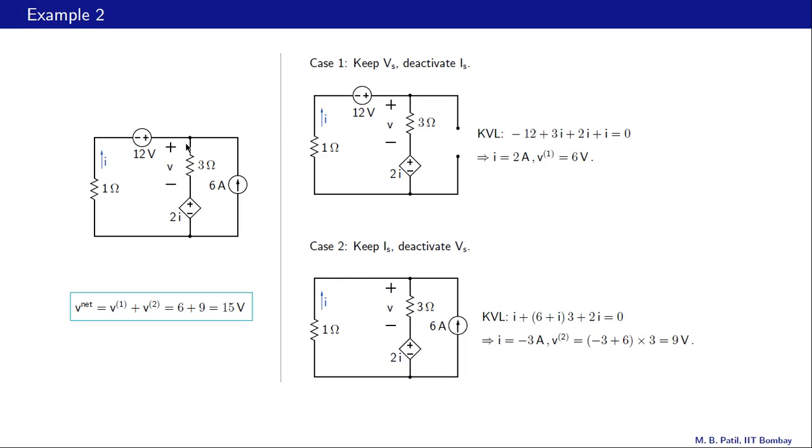So therefore we know that 15 volts divided by 3 ohms, that is 5 amperes, would go like that. And similarly, we can find the voltage drops across each of these elements. Make sure that KVL is actually satisfied by the net quantities in this loop, and also KCL is satisfied at this node.